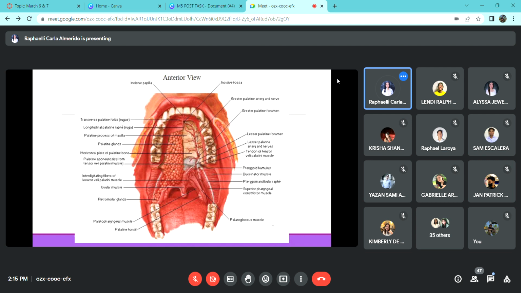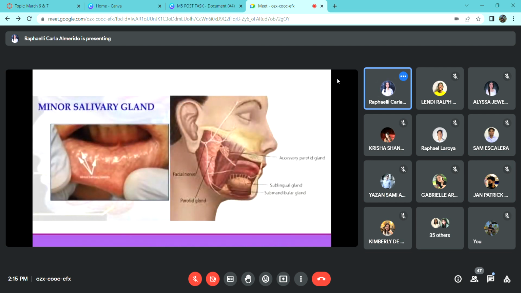And you have glands on your lips. There are a lot of minor salivary glands in this region.